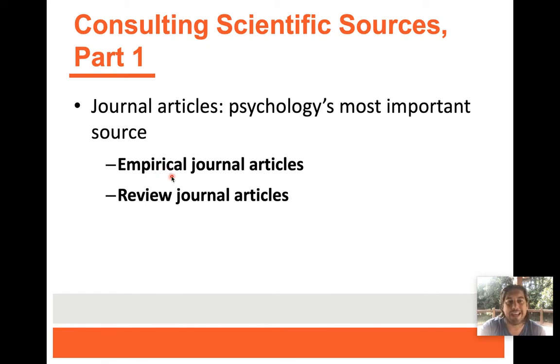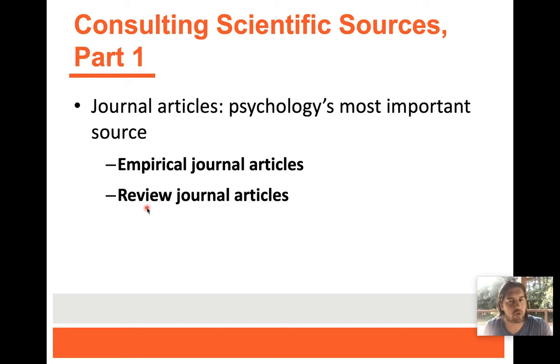We call those empirical journal articles. An empirical journal article is the publication of a single or maybe a set of individual experiments that were done by a scientist or group of scientists. So when we say the word empirical, we mean research. Empirical journal articles are the publication of research.